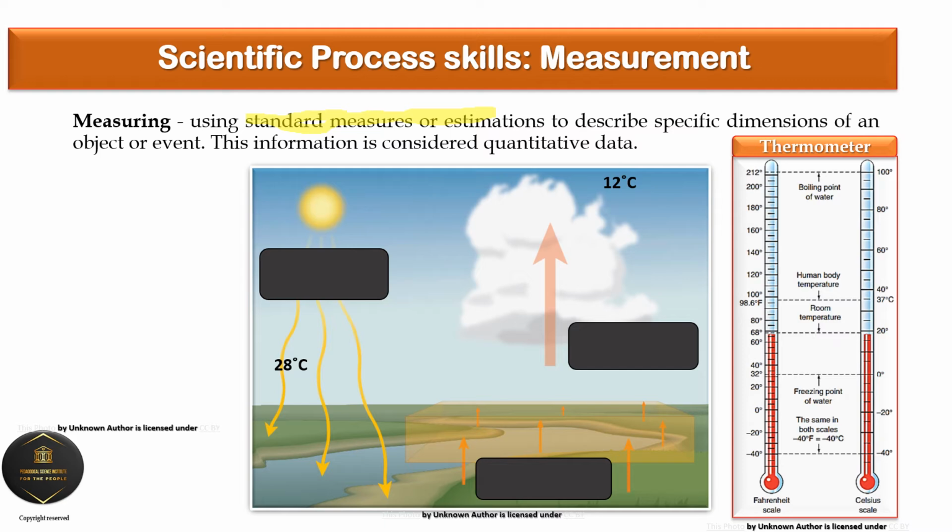measure the temperature of the air, or of the water rather over there, and you find out that the temperature of the air at the surface is 28 degrees Celsius or centigrade, and up in the upper atmosphere the temperature is 12 degrees centigrade or Celsius.